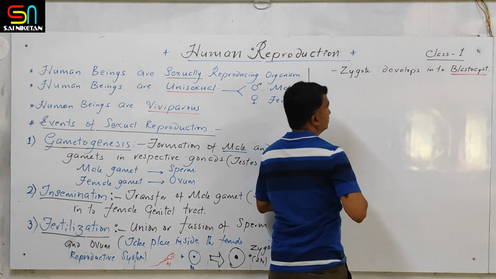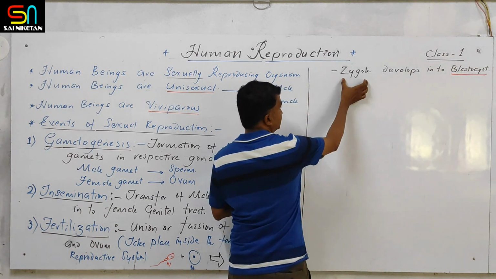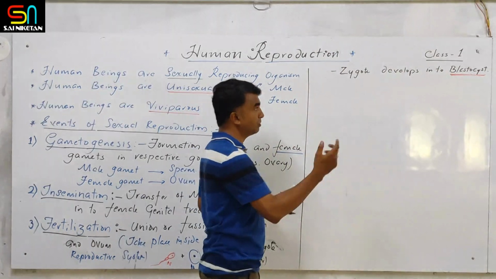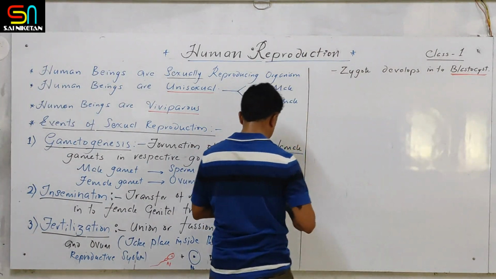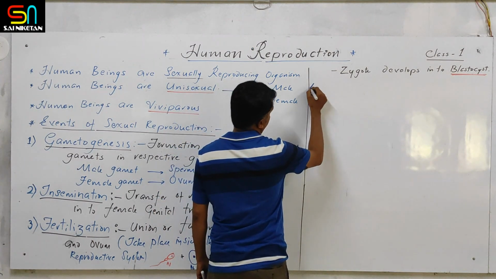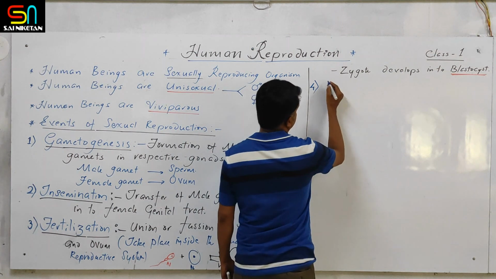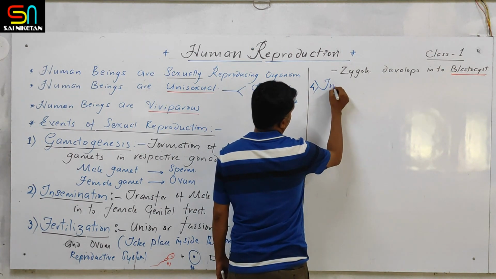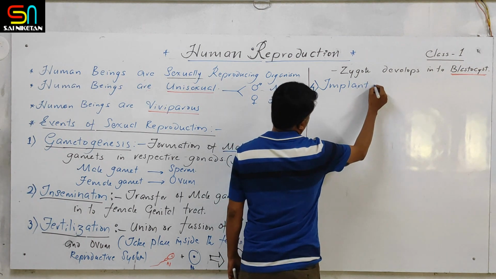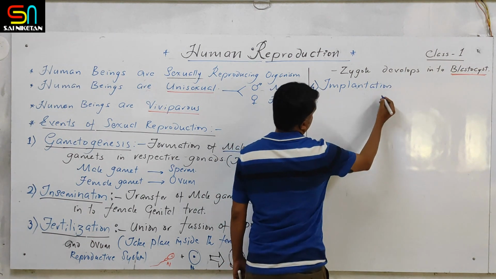The zygote is unicellular. Blastocyst is multicellular. Clear? So the blastocyst forms. This blastocyst enters the fourth event, that is the important one. This event is called implantation.